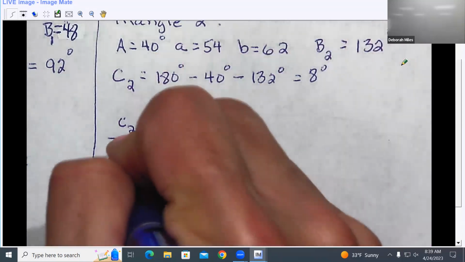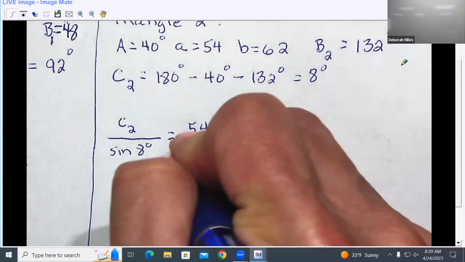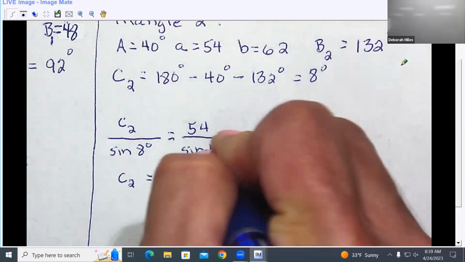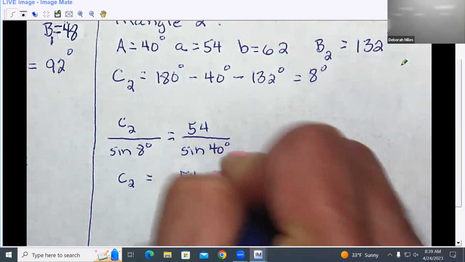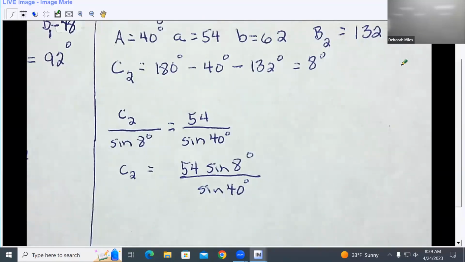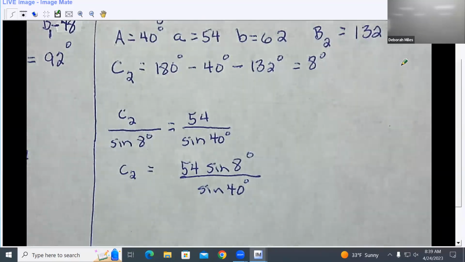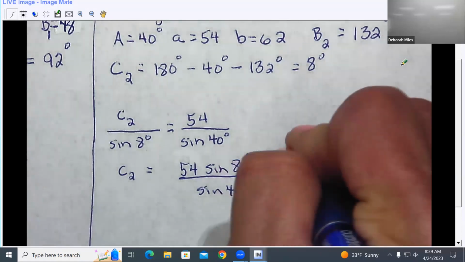So C2 is 54 sine 8 degrees over sine 40 degrees. And I got that to be approximately 12.